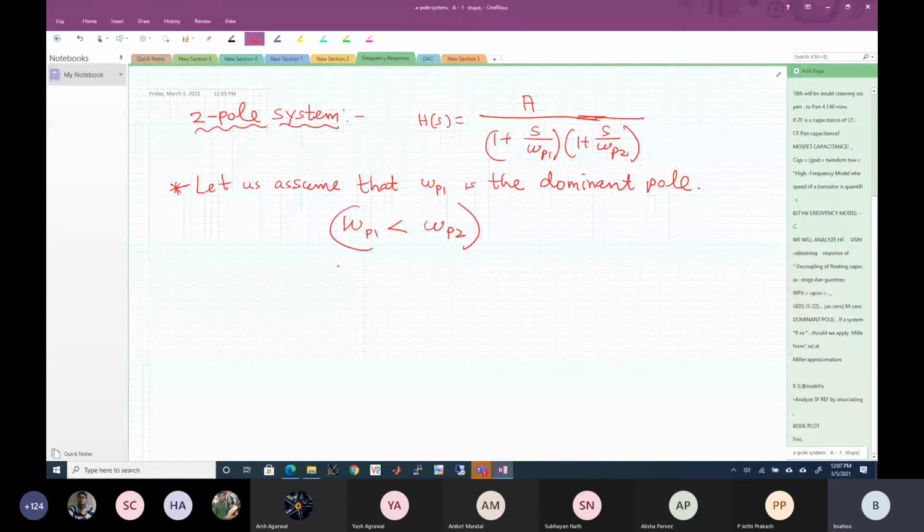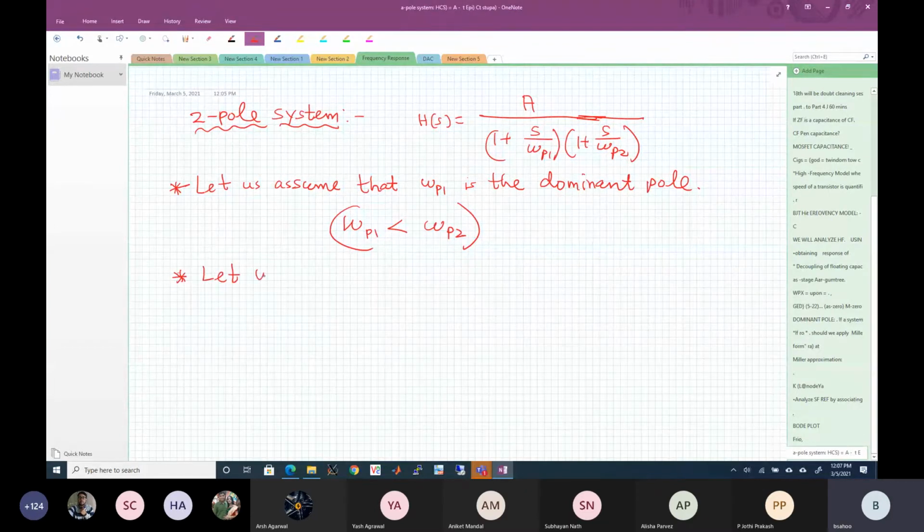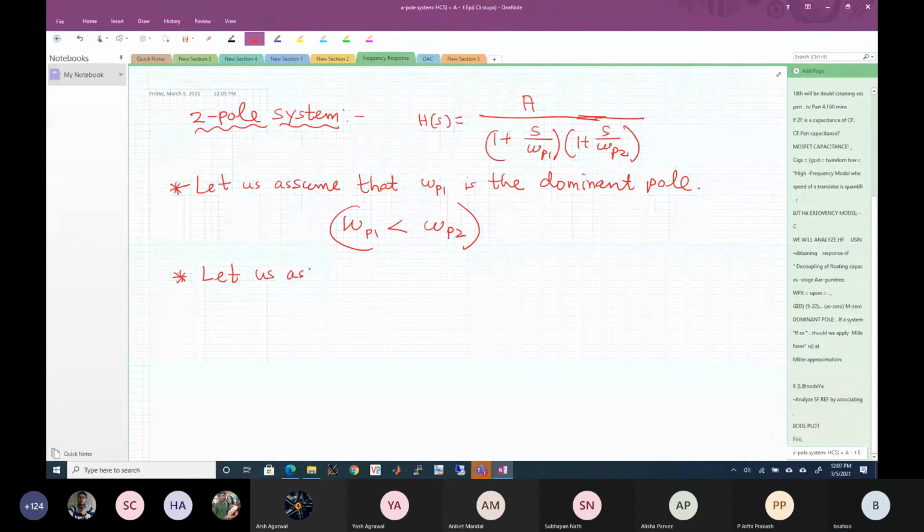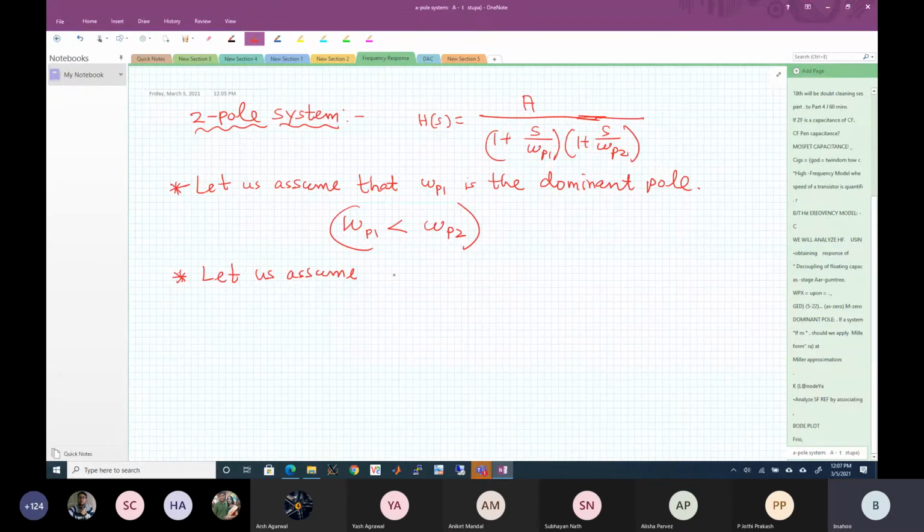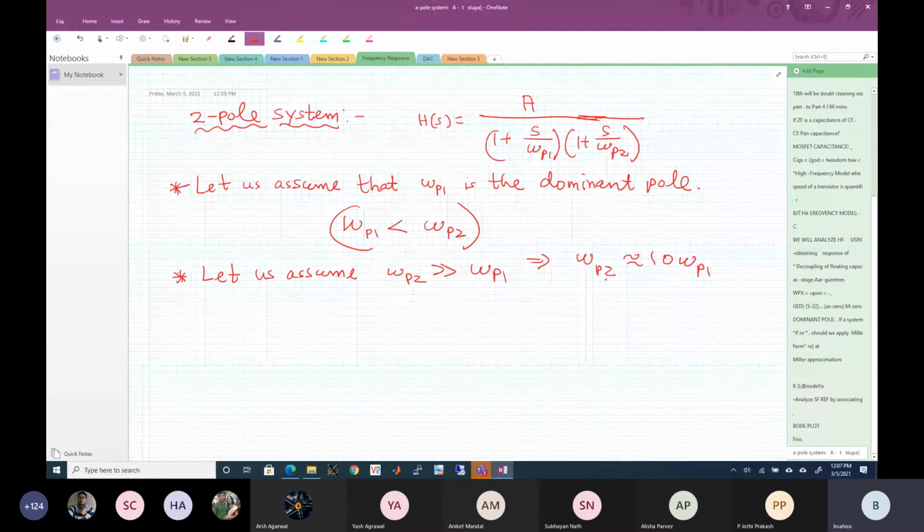That is the dominant one. Let us also assume omega p2 is much greater than omega p1, implying omega p2 is at least 10 times omega p1. It can be more than that. So we are assuming this.